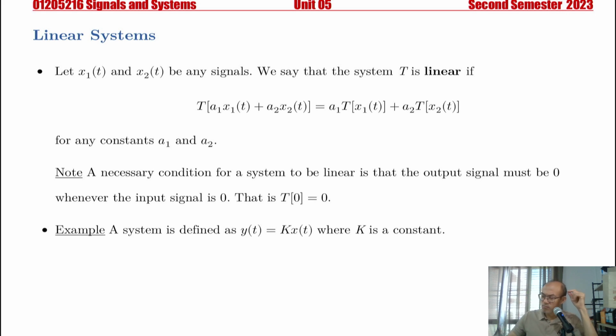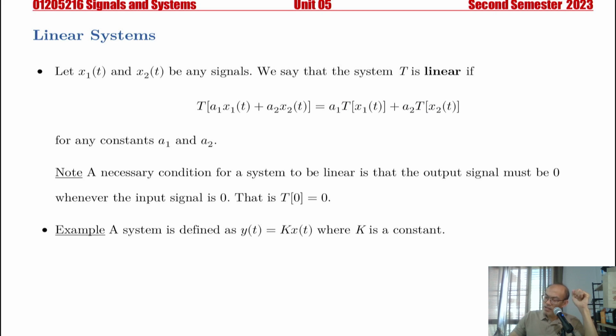So mathematically, if we let x1 and x2 be any signals, then the system T would be called linear if the output from the linear combination of x1 and x2 is equal to the same linear combination of the output from x1 and the output from x2. That's it.